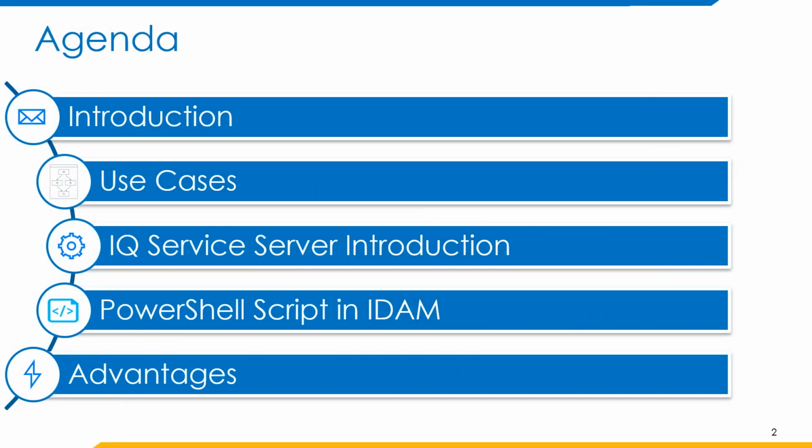the key agenda of this video is to understand how email notifications can be triggered from a PowerShell script to notify the end users regarding the creation of their AD account along with their initial login details.